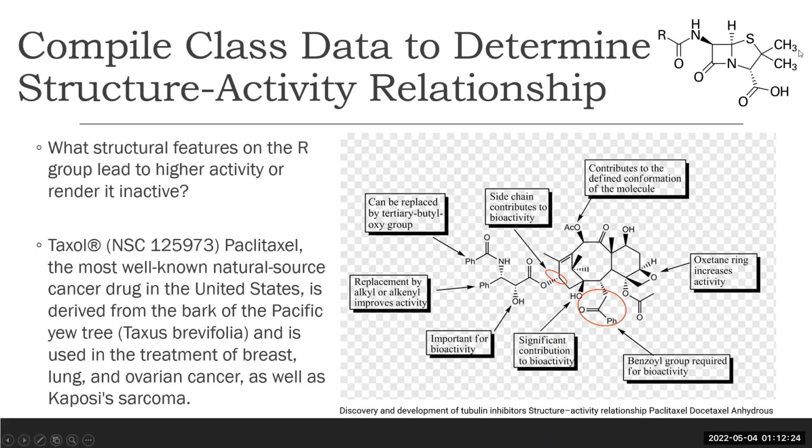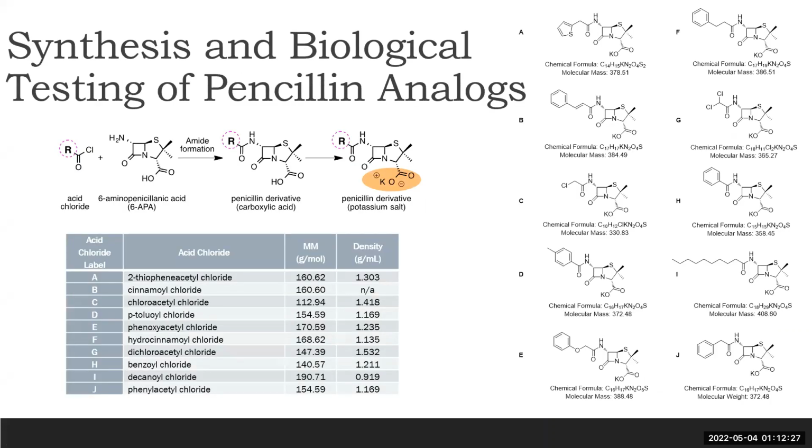So if you look at the structures from the previous slide, you can find some structural similarities. Notice how in D, the carbonyl is directly bonded to an aromatic ring, whereas with, for example, B, the carbonyl has two carbons before the aromatic ring, and those are structurally rigid because of the pi bond, as opposed to not structurally rigid and having more free axis of rotation.